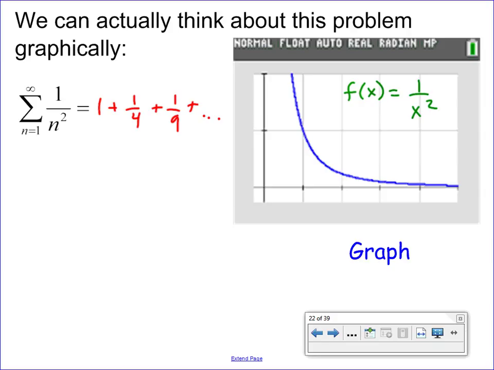Okay, so if we consider the area underneath this function as x goes to infinity, and then compare it with the value of that series as n goes to infinity, are there some conclusions we could draw? Well, we know how to handle the area question, don't we?